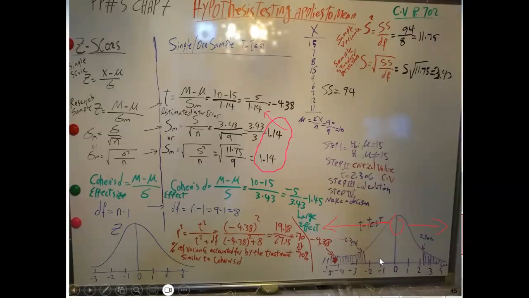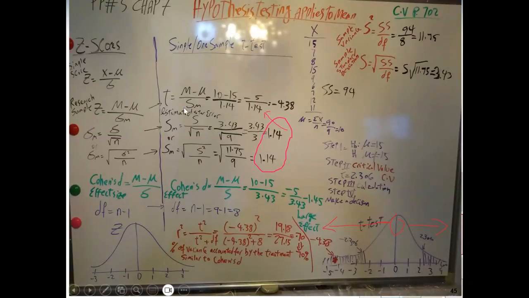By the same token, on the left it will be negative 2.306 because it's symmetrical, bell shaped, and we have to cover both tails. Negative 2.306. All right, so that's your step 2.